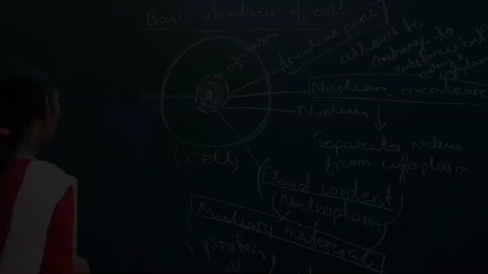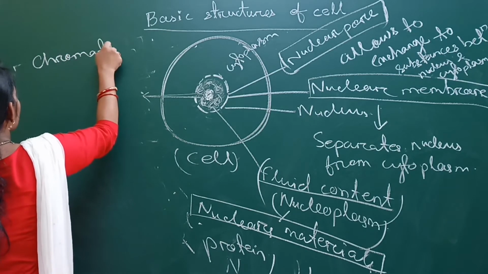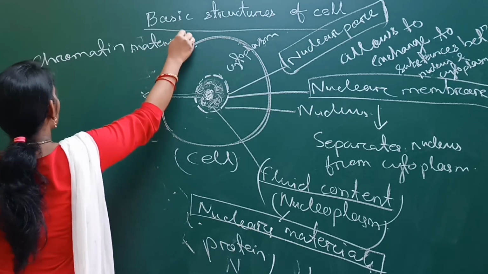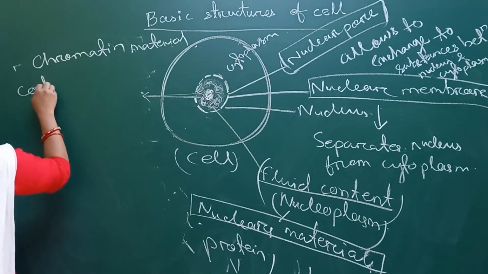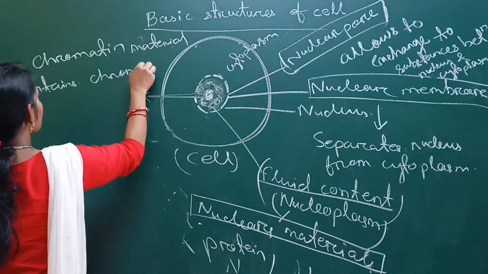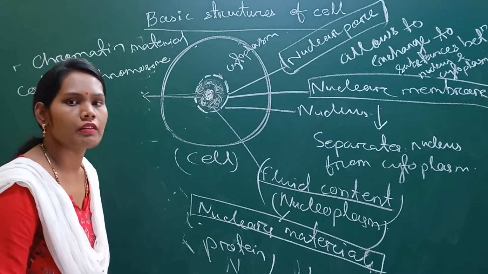This chromatin material contains chromosomes, and chromosomes are visible at the time of cell division.